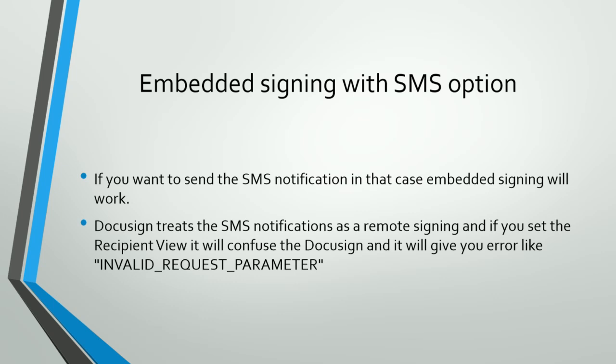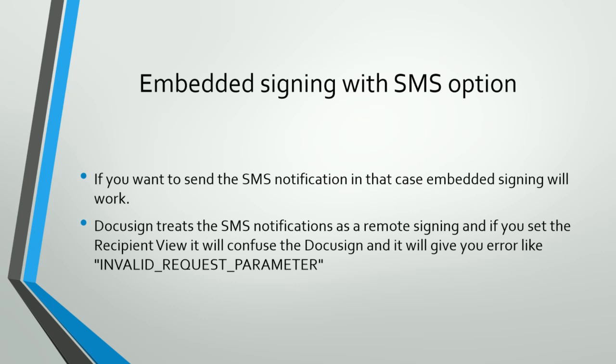This typically occurs because the envelope is parameterized for remote delivery via SMS, while your code simultaneously requests an embedded recipient view URL. Two different flows fighting for control. So decide upfront: do you want embedded signing or remote signing for the recipient?